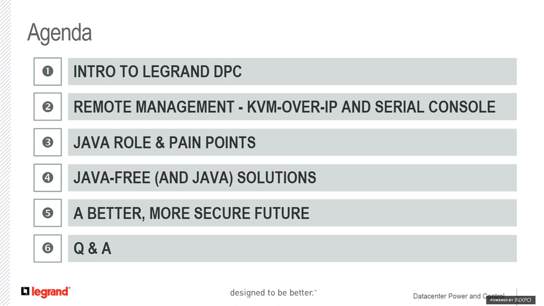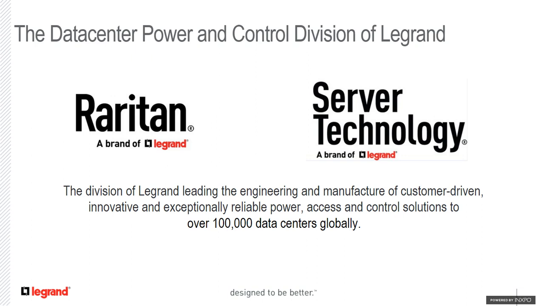We'll talk about the role of Java in these types of solutions, what some of the pain points are, and then we'll look at some Java-free and also improved Java solutions that Raritan has available. Finally, we'll talk about some future developments that should further improve the situation, and then take your questions.